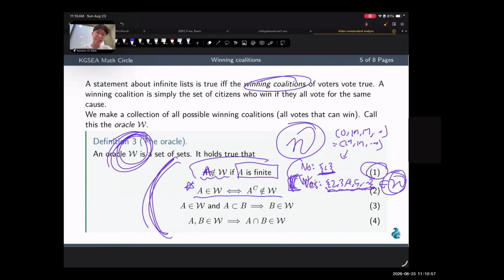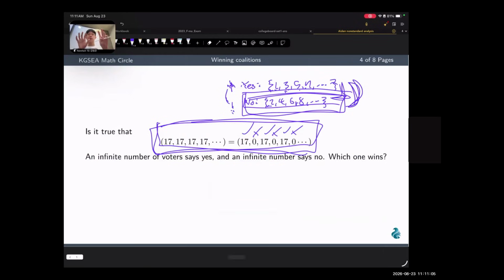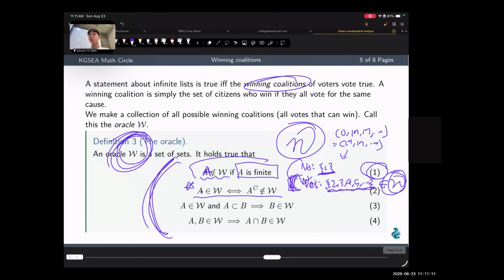If A is a winning coalition, the complement of A cannot be a winning coalition. What this essentially says is that no coalitions who vote for different things can win at the same time. A vote is unambiguously either true or false. Okay, nothing in between. This is again just a rule our god has to follow, depending on what type of god we choose.